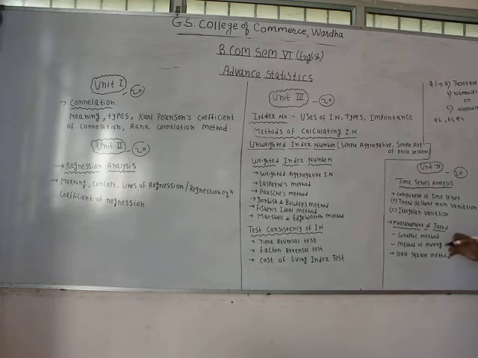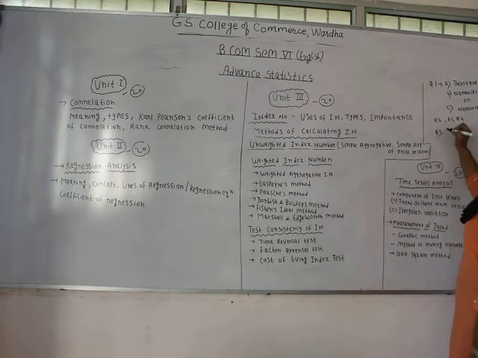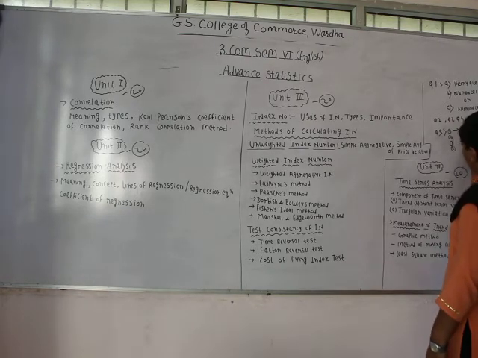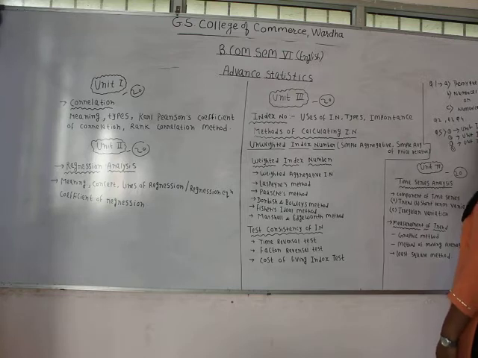As far as question 5 is concerned, here you will have 4 questions. Question 1, 2, 3, 4. Question 1 would be from Unit 1. Question 2 would be from Unit 2. Question 3 would be from Unit 3. Question 4 would be from Unit 4.